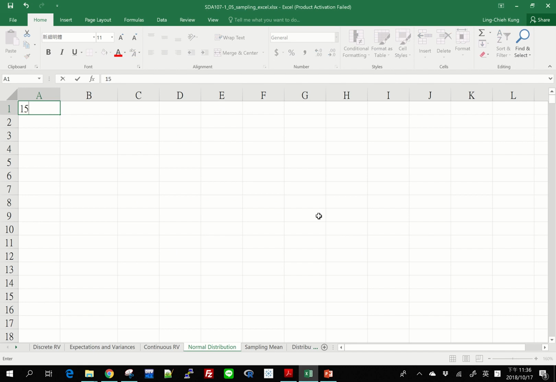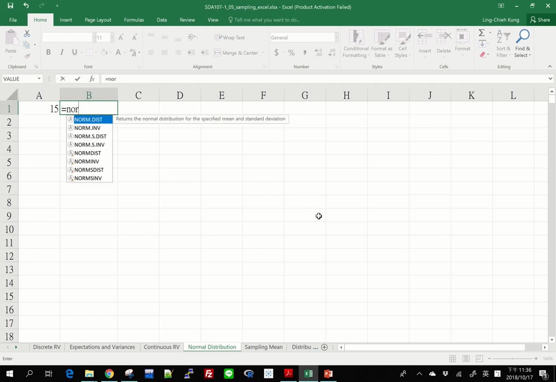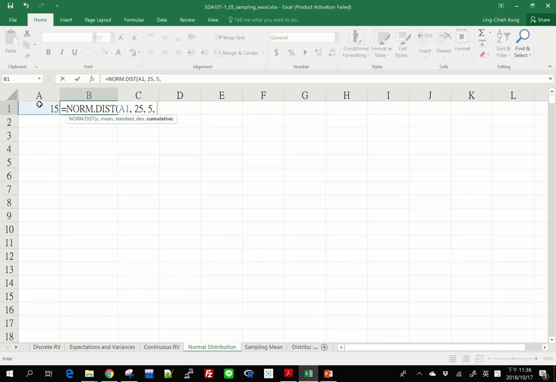So now we know how to do this. We have NORM.DIST. I want to check up to 15. What's my mean? 25. Standard deviation is 5. And now I want cumulative. Okay, cumulative.